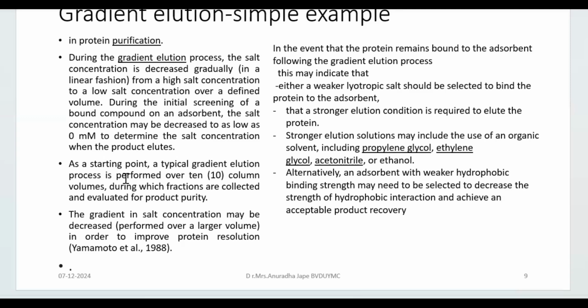Protein, or any analyte, is not going to get retained in the matrix due to strong chemical interactions. But there are weak interactions: ionic interactions, salt bridges, van der Waals forces, hydrophobic interaction, that is the analyte's hydrophobic and the column's hydrophobic force.